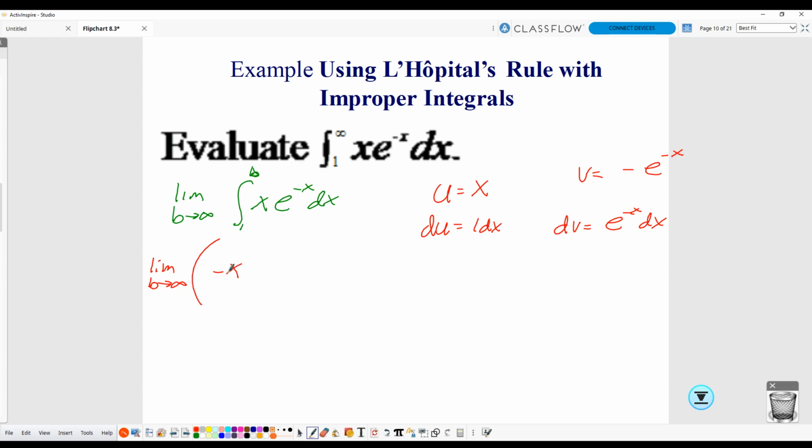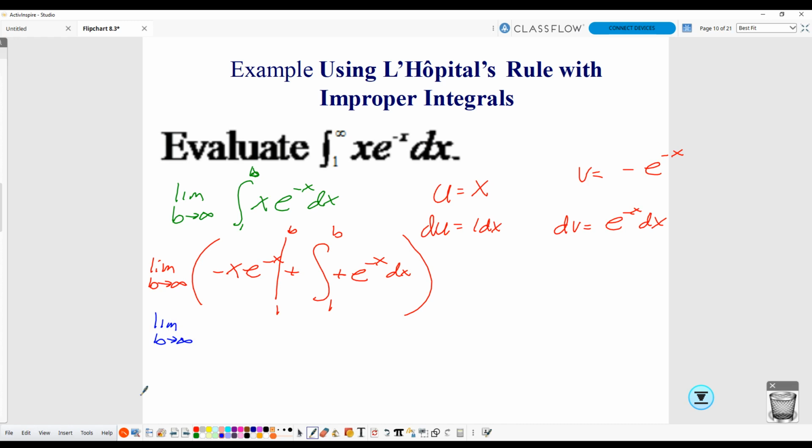So uv minus v du, negative negative becomes plus. Oh, goodness. This one is all the marbles.